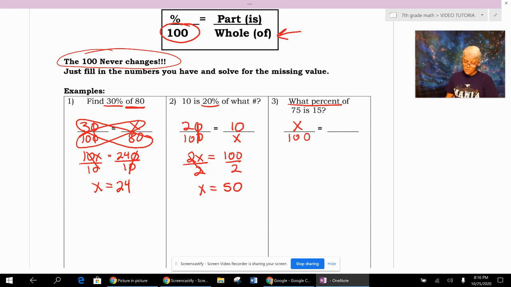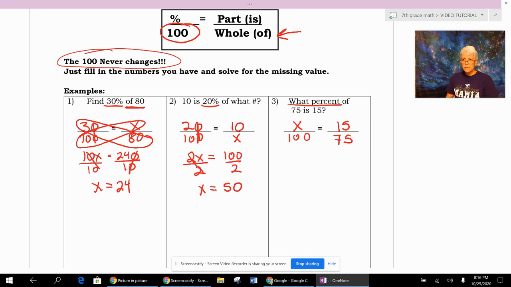What percent of 75, that tells me it's the whole, is 15? That is the part. Now we don't always have the is and the of, but it's super nice when we do. And so it helps us with placement.